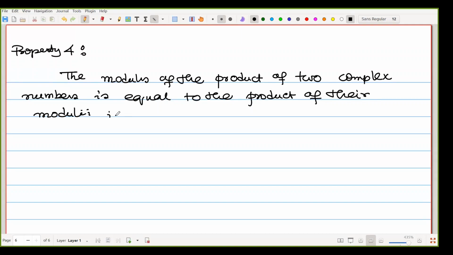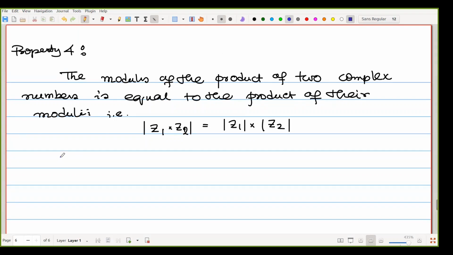That means modulus of z1 into z2 is modulus of z1 into modulus of z2.